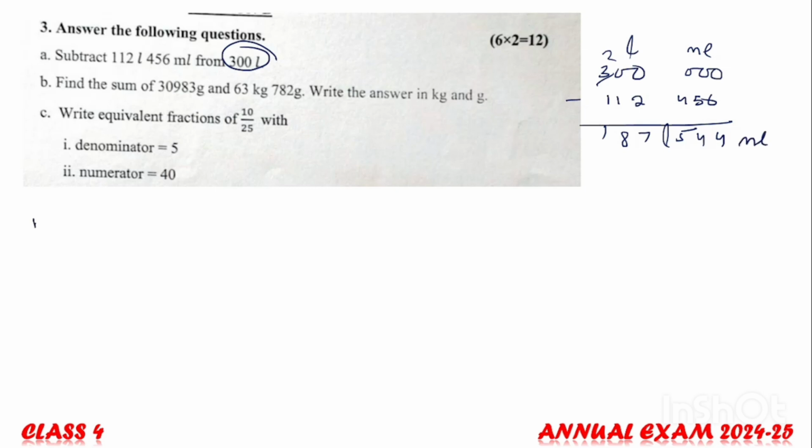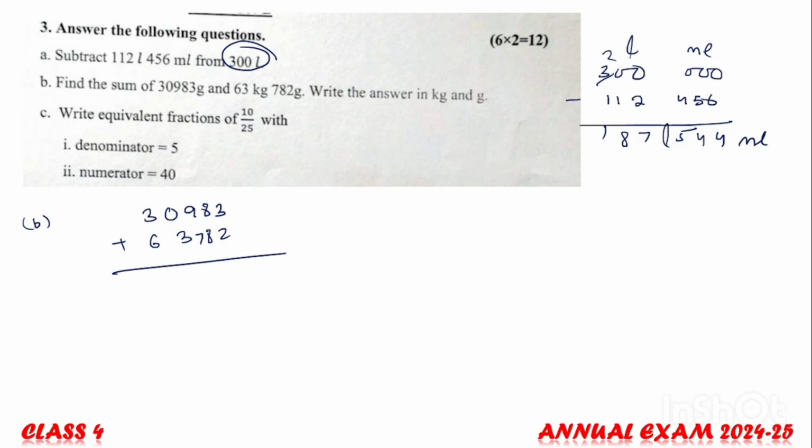Next, question number B. Find the sum. Okay, so first write down 30983 gram. Now we write 63782 gram.